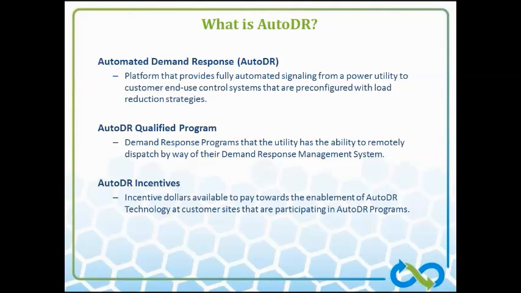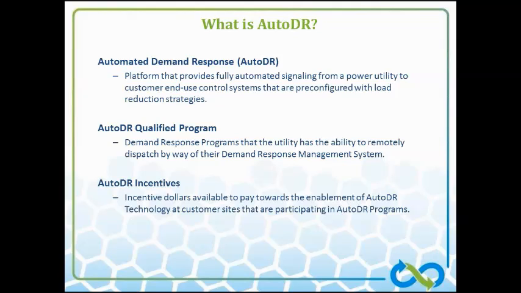There are three different components to AutoDR. There's the actual function, there's the programs, which would be demand response programs that any given utility deems AutoDR qualified, which means the utility can dispatch the programs remotely via their demand response management systems.